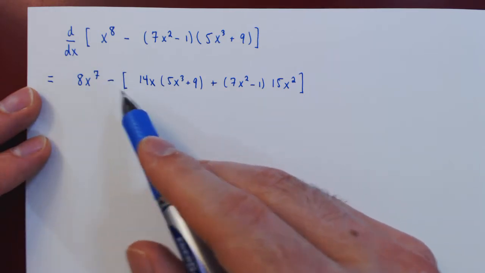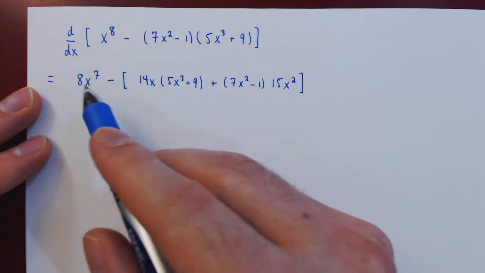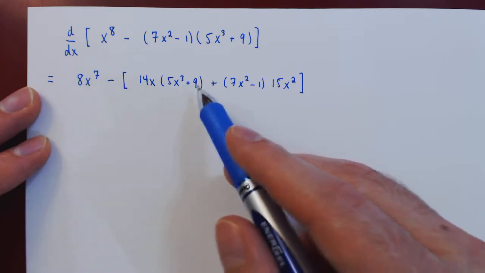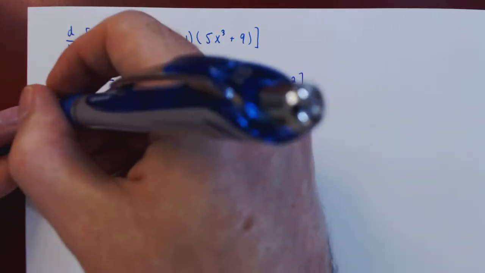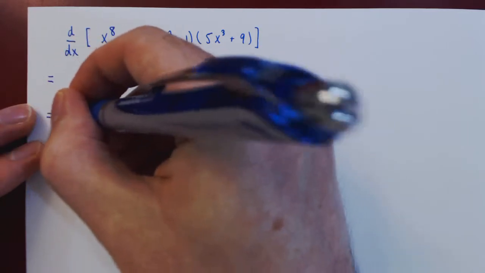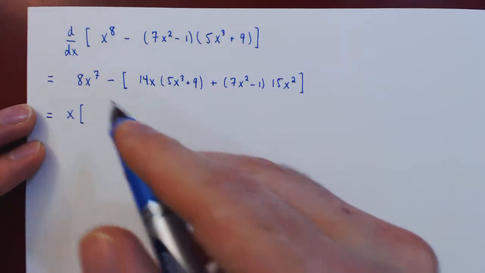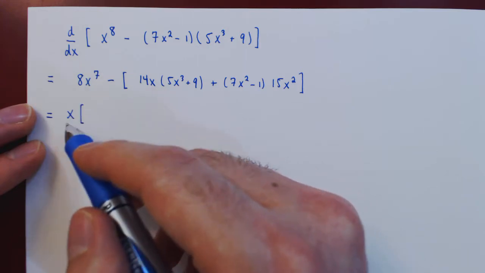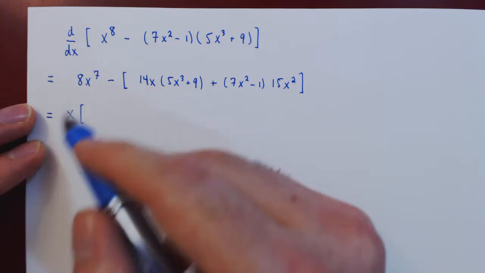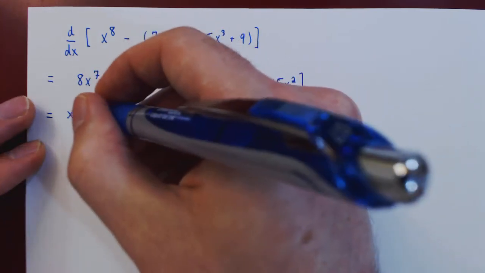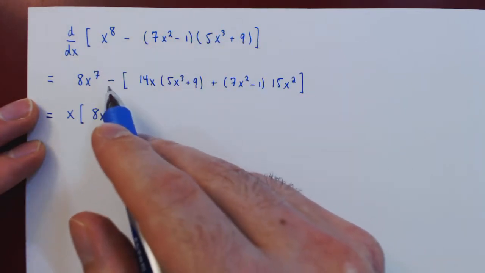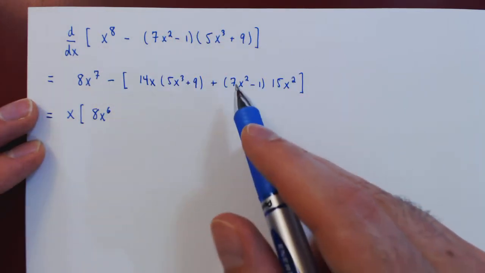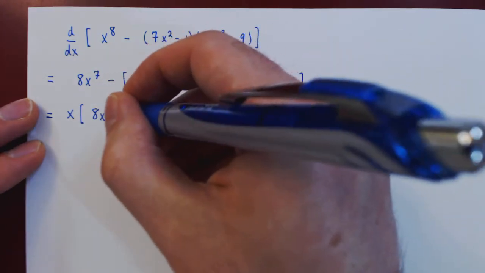Before we distribute the negative, notice that each term shares a common factor of x. So we can factor x, and let's see what's left over. So if we take away from x to the 7 an x, we're left with an x to the 6, therefore 8x to the 6. And then I'll also distribute the negative sign on the two terms, so minus.